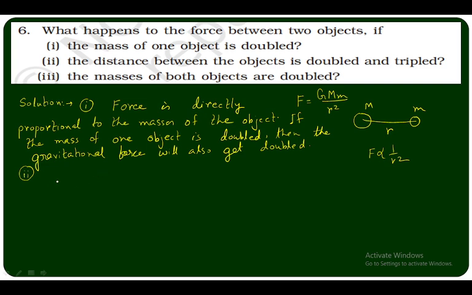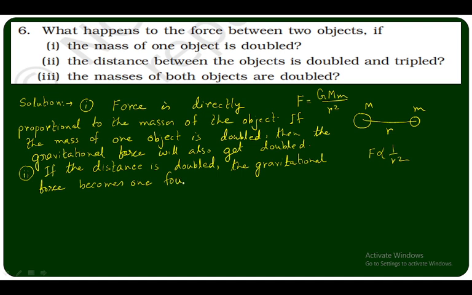If the distance is doubled, the gravitational force becomes 1/4 of its original value.